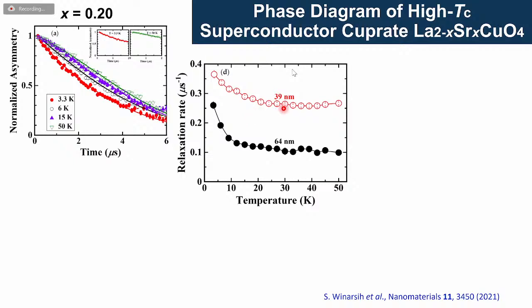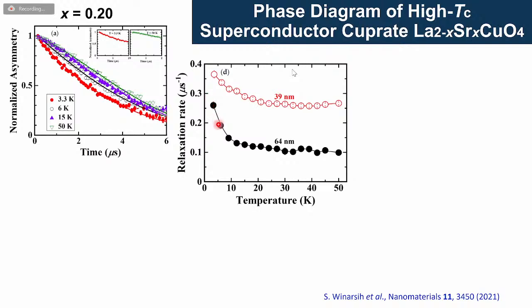And then we investigate the nanosize effect by varying the particle size. What we could get from here is a rapid increase in the relaxation rate of muon spin. So it means there is correlation between copper spins.